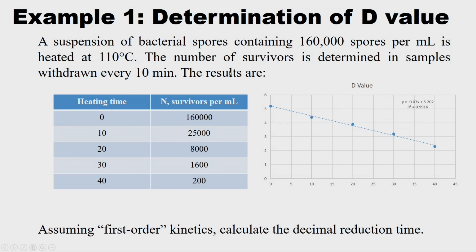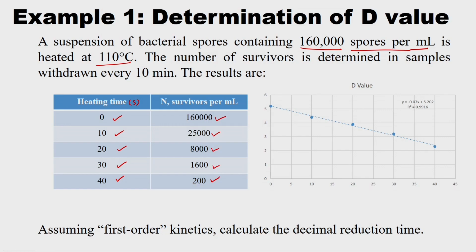So here you have initially 160,000 spores per ml, the temperature is 110 degrees centigrade, and every 10 minutes they take out samples and check how many survivors per ml exist. This is 160,000 initially, then 25,000, then 8,000, then 1,600 and 200.